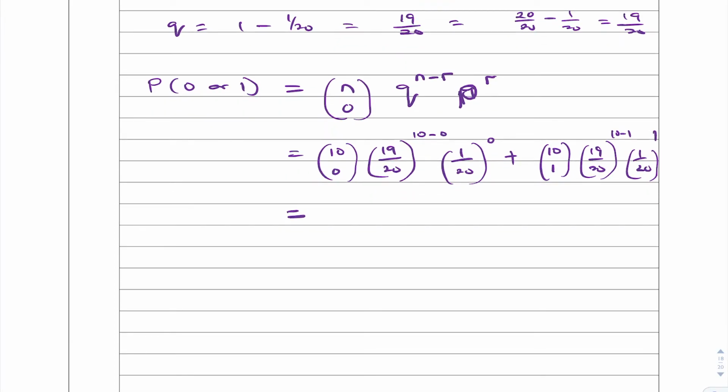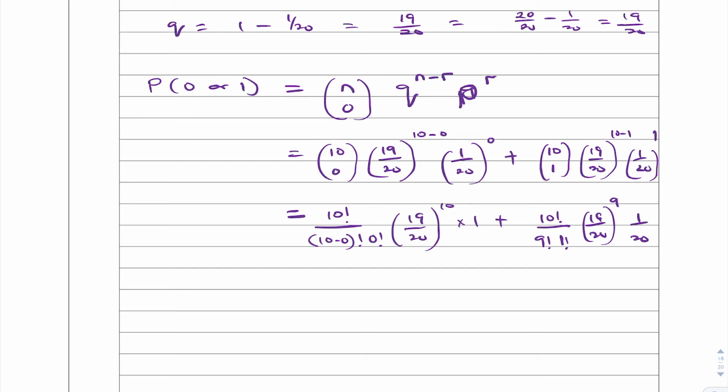And that equals 10 combination 0, so that'll be 10 factorial over 10 minus 0 factorial times 0 factorial, which is 19 over 20 to the 10 and times 1, plus 10 factorial over 9 factorial, 1 factorial, which is 10 minus 1. That's why you get 9 factorial, times 19 over 20 to power 9, 1 over 20.